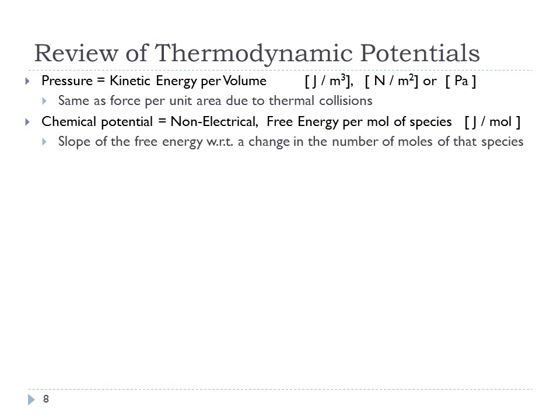So the slope of the free energy with respect to a change in the number of moles of species. And so the chemical potential includes all the kinetic energy, the rotational energy, the vibrational energy, and the chemical energy. And it's got units of joules per mole.